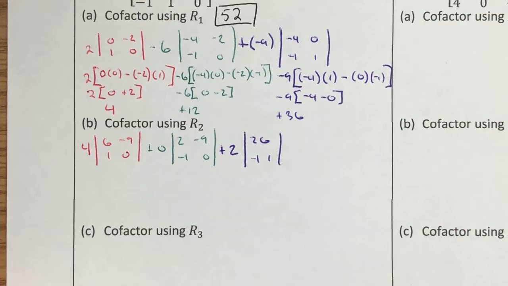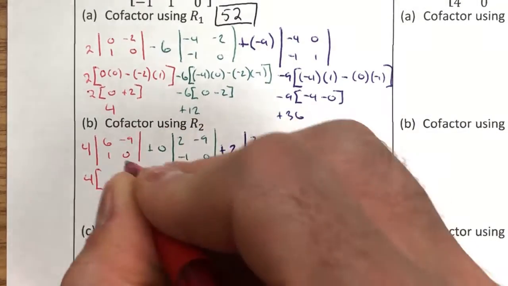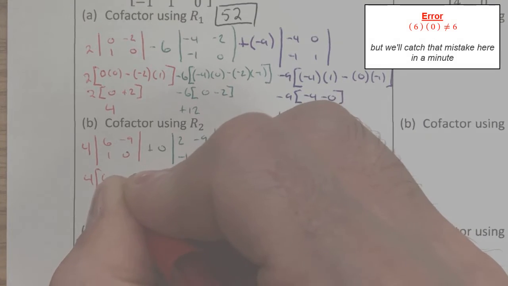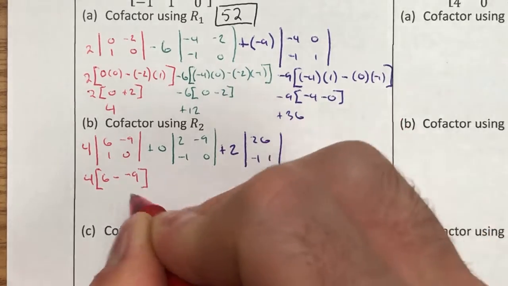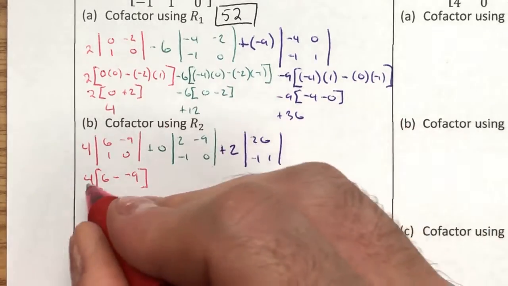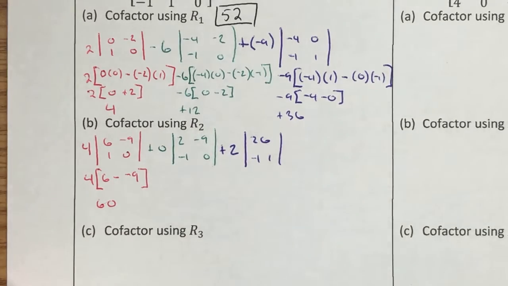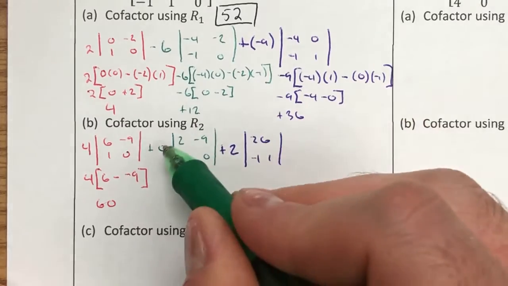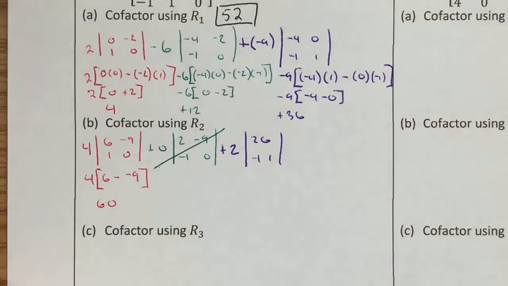As we work this down, let's see. This is going to be 4 times 6 times 0 is 6 minus negative 9. So that's 6 plus 9, that's 15. 4 times 15 is going to be 60. We notice that with this, because we picked the second row, 0 times anything, we don't even need to do that step.